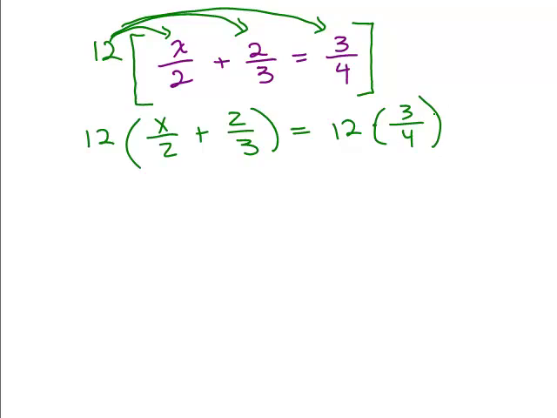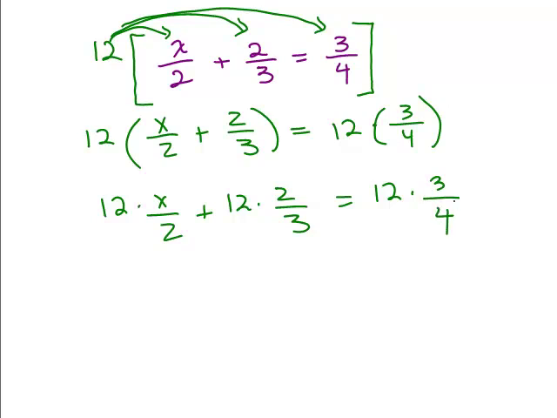In any case, you're still doing 12 times x over 2, 12 times 2/3, and you're doing 12 times 3/4, right? So this is just one last step when I just put the bracket around the actual problem and put the 12 in front of it. That's just because I'm a little bit lazy, don't want to write this extra step.